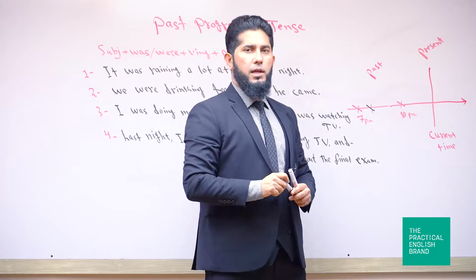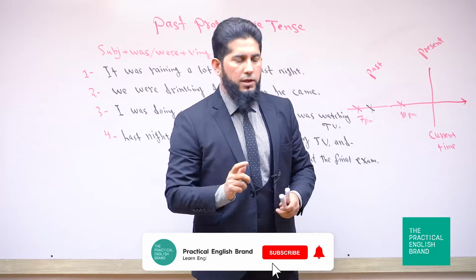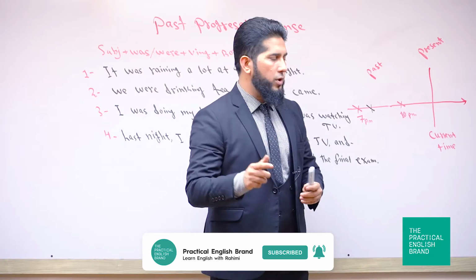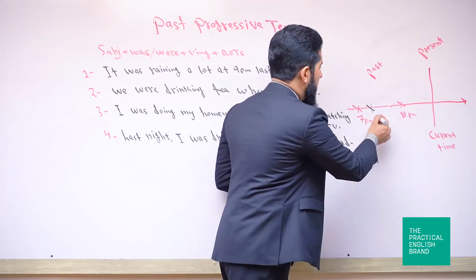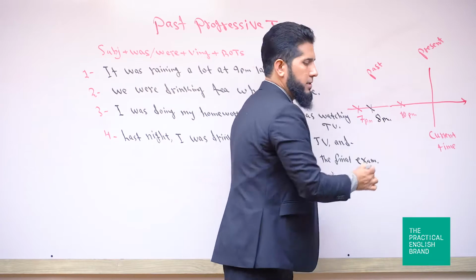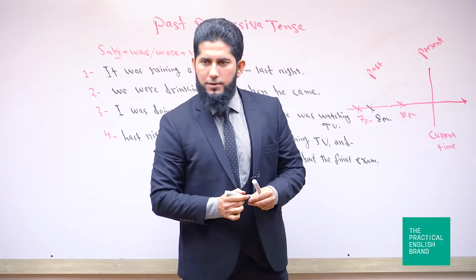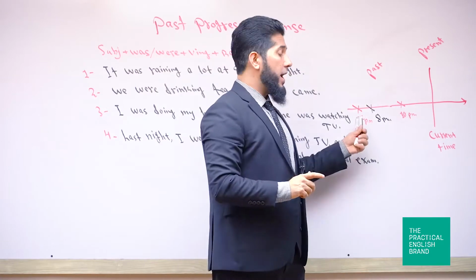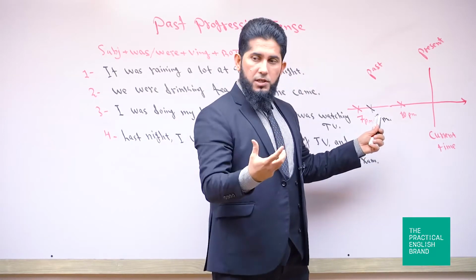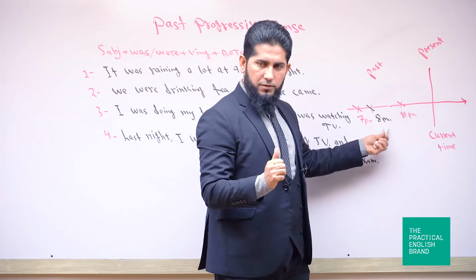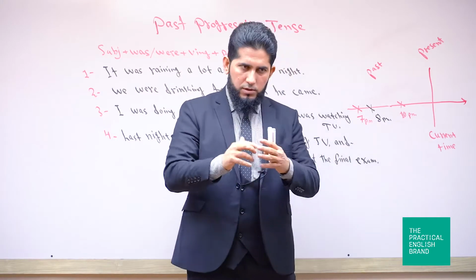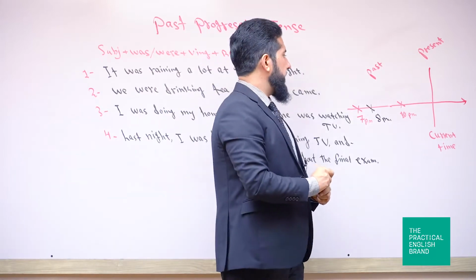For example, let's say you were watching TV from 7 p.m. up to 10 p.m. And I'm asking you, what were you doing at 8 p.m. last night? So you say, I was watching TV. See, you use past continuous tense. Why? Because you know that your action of watching TV was in progress at this specific time. At 8 p.m., the action of watching TV was in progress, okay?